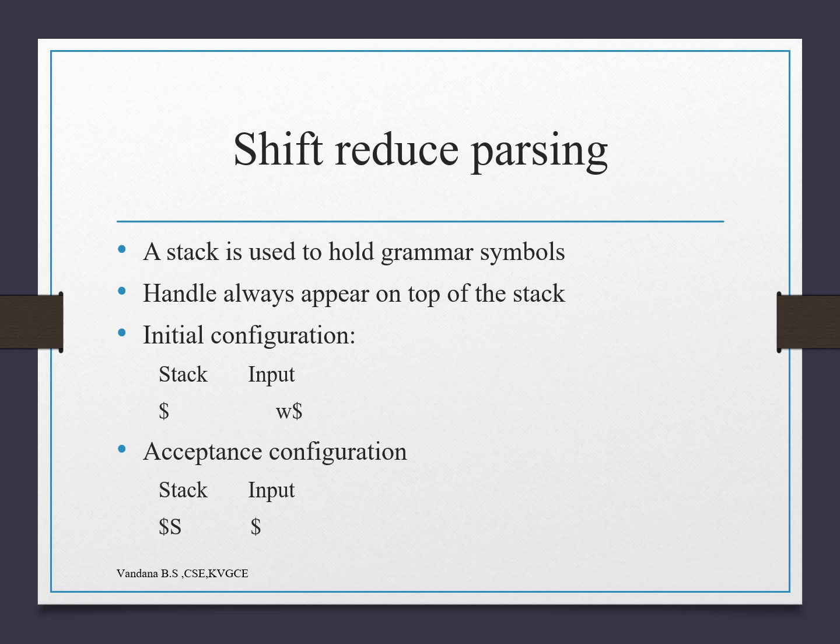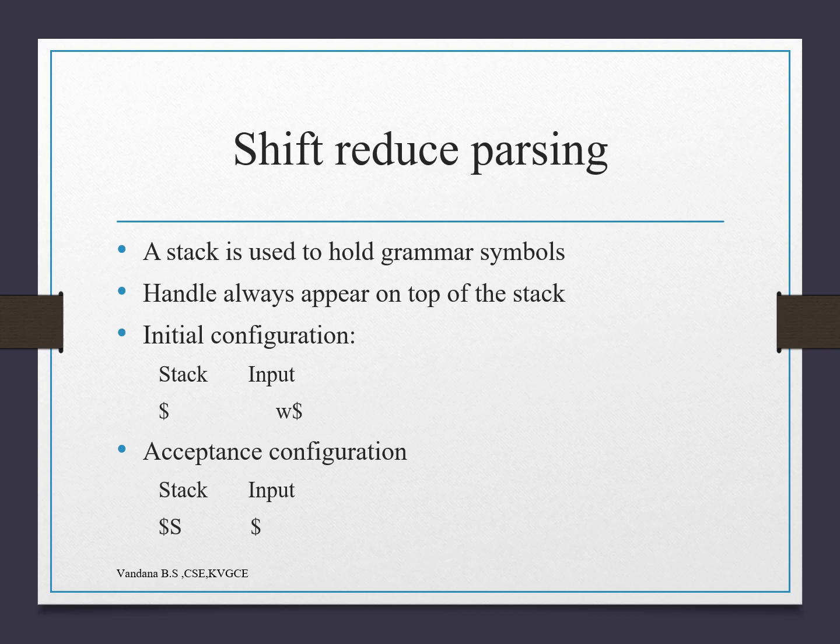Now what is the initial configuration of the stack? Initially, the stack is filled with a special symbol called dollar that indicates the beginning of the stack, and the input buffer is filled with the input ending with dollar. That is the initial configuration of shift reduce parsing. And we have something called the acceptance configuration.